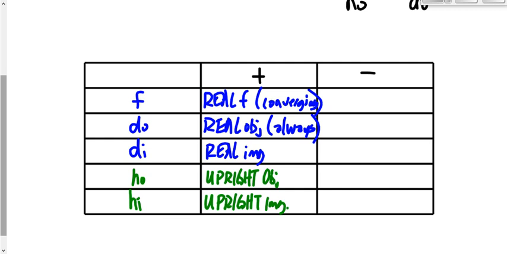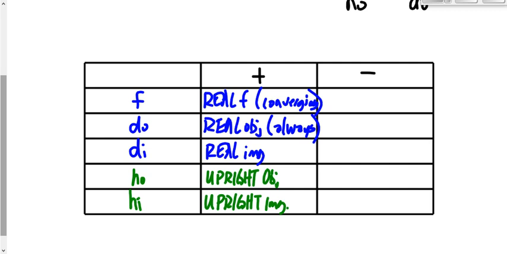And I don't want you to get mixed up here. Up here, if it's real, it's positive. HI is positive if it's a virtual image, because virtual means upright. So even though there are those patterns, my suggestion would be to remember the signs this way, keeping HI and HO together, and keeping F, DO, and DI together.